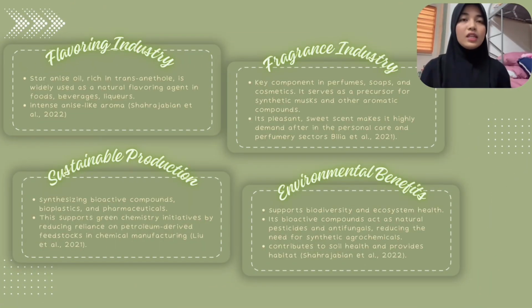Flavoring industry is also one of the uses in industrial and environmental applications, such as star anise oil, which is rich in trans-anethole, widely used as a natural flavoring agent in food, beverages, and liqueurs. Its intense anise-like aroma makes it a valued ingredient in the culinary and food processing industry globally.